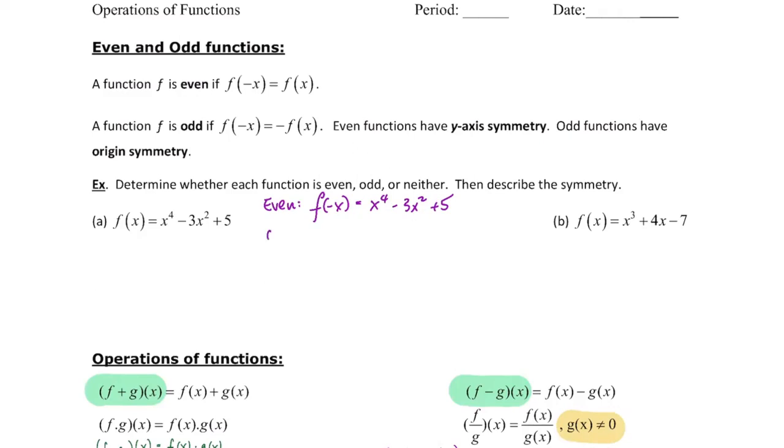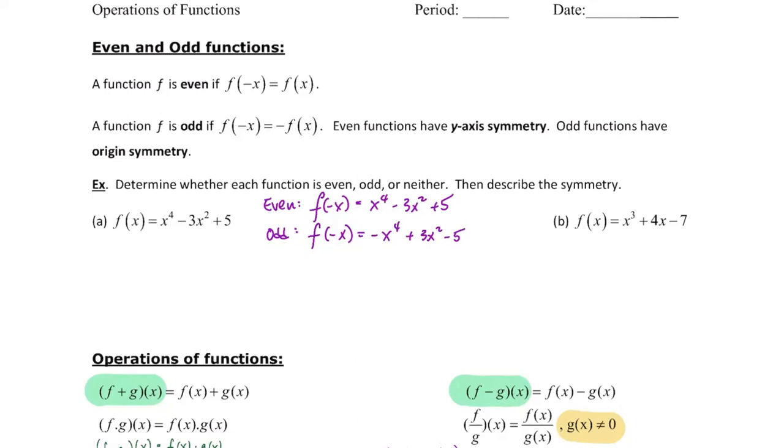If it's an odd function, when we put in the negative x, the whole function will be negated. So that means all the signs will be flipped. So instead of positive x to the fourth power, we'll have negative x to the fourth plus 3x squared minus 5. So these are our two possibilities. And if the outcome doesn't fit either of these two, then we'll say neither.